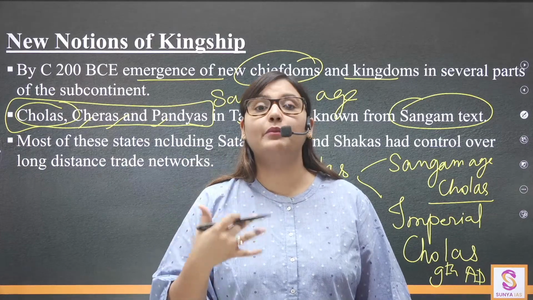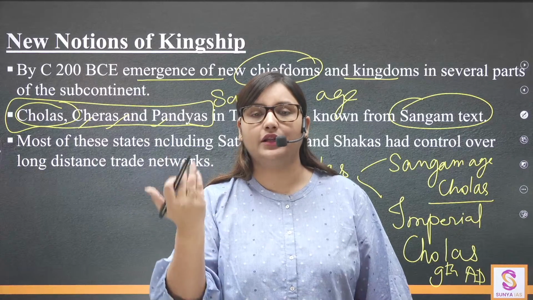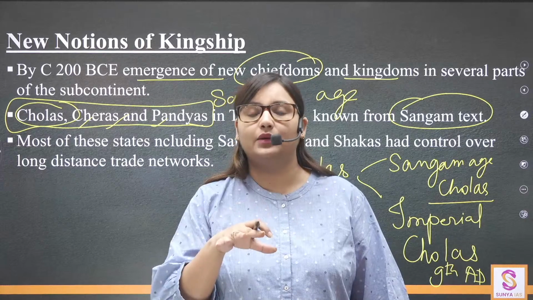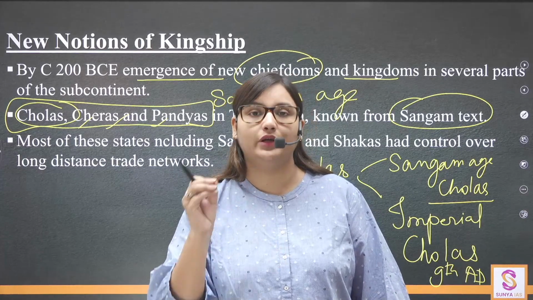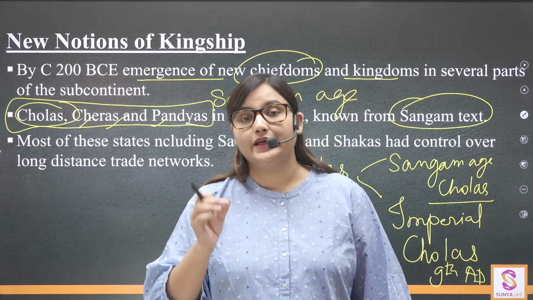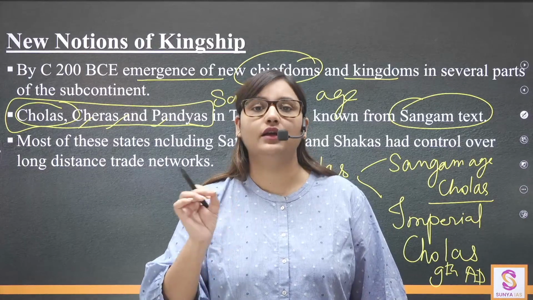Sangam means a meeting, where Tamil poets used to meet and write. They used to work on different compositions, and at that point of time they wrote poems related to the polity, society, economy. They mentioned Cholas, Cheras and Pandyas again and again in their literature.